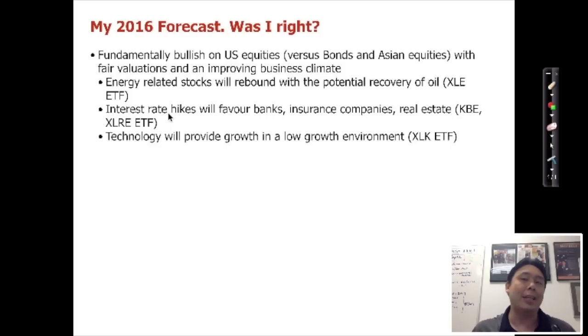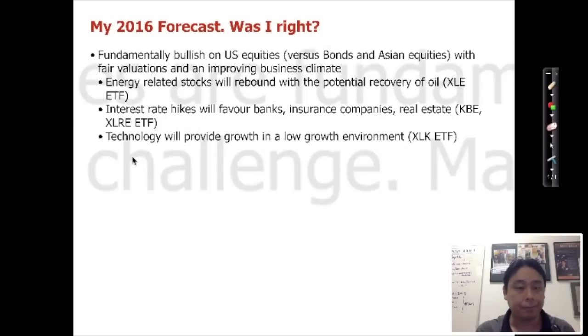I believed that as interest rates were going to increase, as the economy began to find its footing, banks would be very bullish to enter as well, as well as real estate. The third thing I looked at was technology, and I believed that technology would do well because it was the only area in the market that could provide real growth, in an environment that was moderate and low growth to begin with.